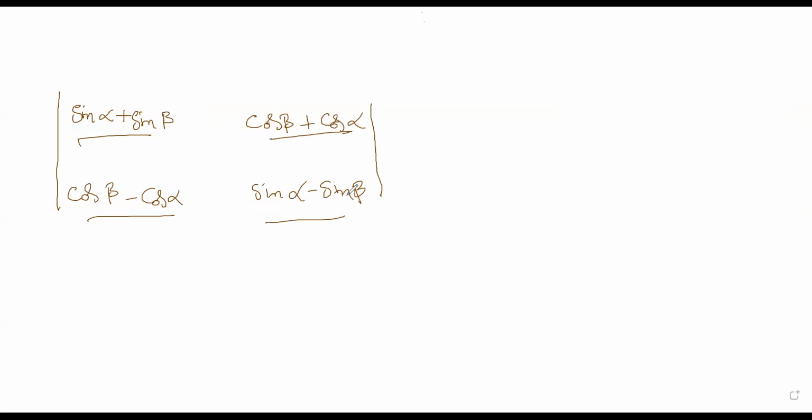Okay, so now let's see how it goes. Sine alpha plus sine beta into sine alpha minus sine beta is nothing but sine square alpha minus sine square beta. So it is like a plus b into a minus b, minus of cos alpha plus cos beta into cos beta minus cos alpha. This becomes cos square beta minus cos square alpha.